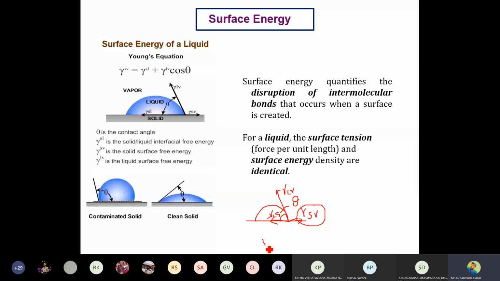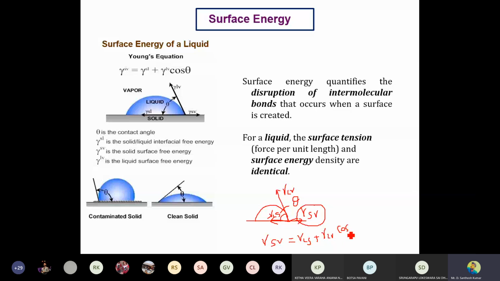So gamma SV is equal to gamma LS plus gamma LV cos theta.